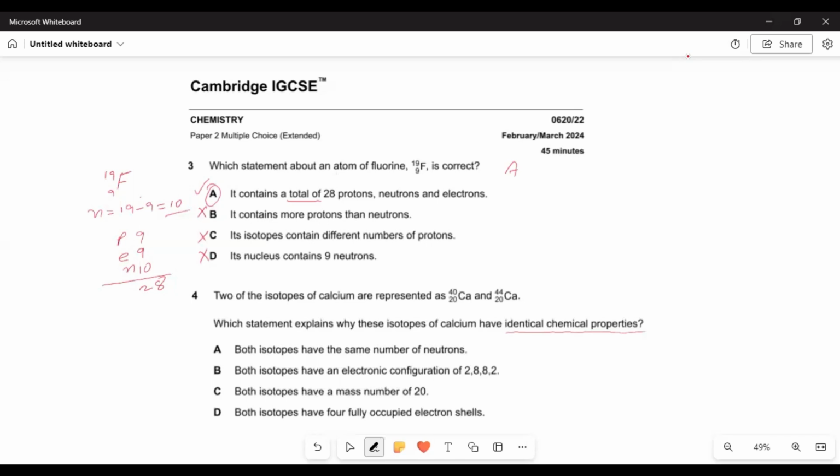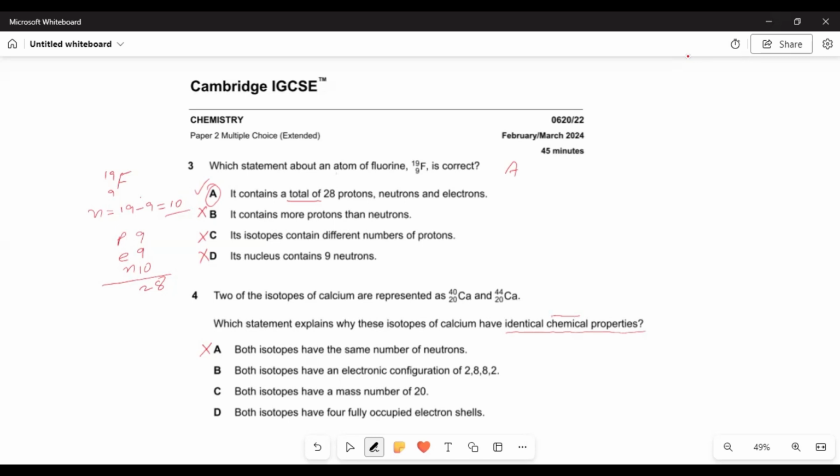So see, both isotopes have the same number of neutrons. It is wrong. Number one, because the number of neutrons is not the same, and number two, because neutrons have no connection with the chemical properties. Okay, it has a relationship with the physical properties, but no relation with the chemical properties.